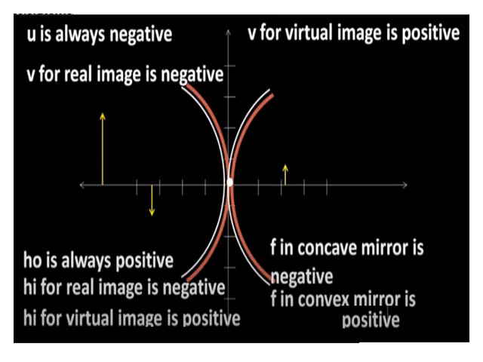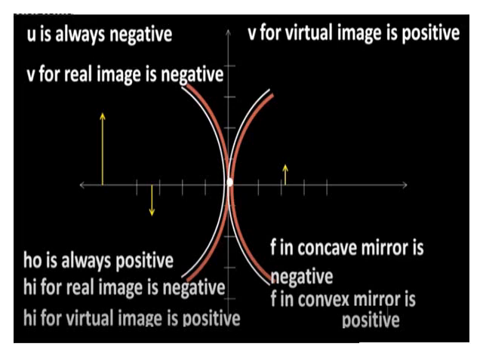Both of them have the pole marked with a white dot, and the same white dot is the origin of the graph. Look at this diagram very closely. Both mirrors are placed so that the pole of the mirror coincides with the origin of the graph. This I have already explained during my last class. Very simple, origin is the pole of the mirror.